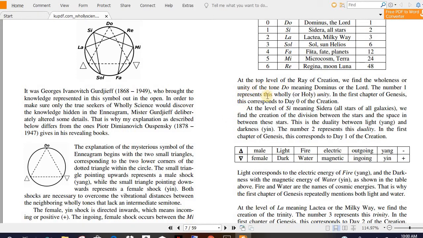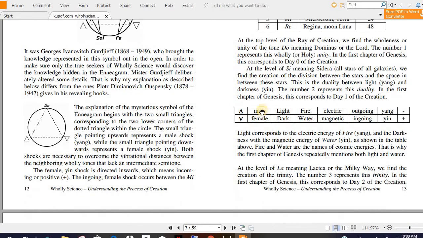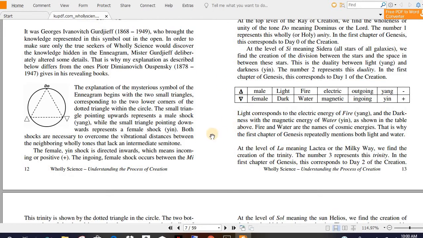That gives me chills. Okay, so these are the symbols for male, female, also yin yang, and if you go to the elements, water, fire, earth, and air, light corresponds to electric fire. Here we go. Light corresponds to the electric energy of fire, yang.